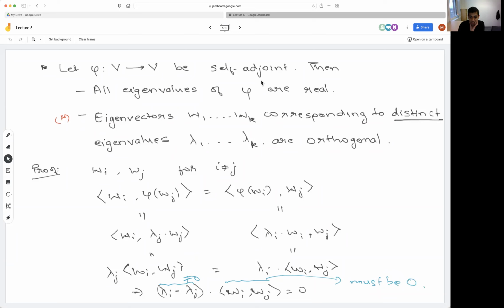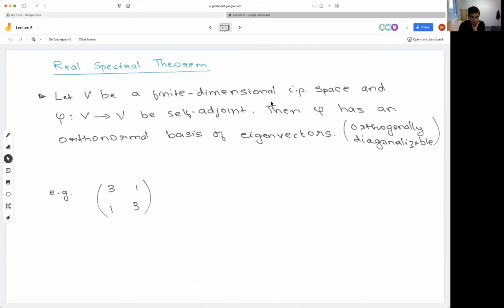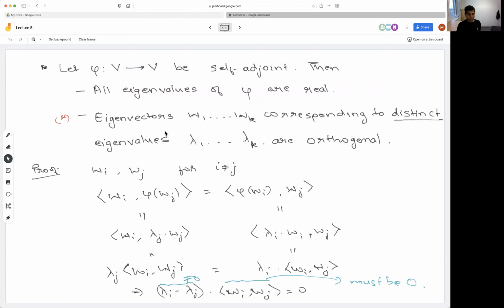Okay, any questions? Right, so that's a couple of nice properties we get with self-adjoint transformations, and we'll see more: the eigenvalues are real, and the eigenvectors corresponding to distinct eigenvalues are orthogonal. It's not necessarily the case that eigenvalues are distinct.